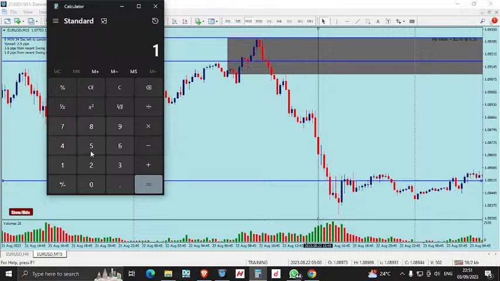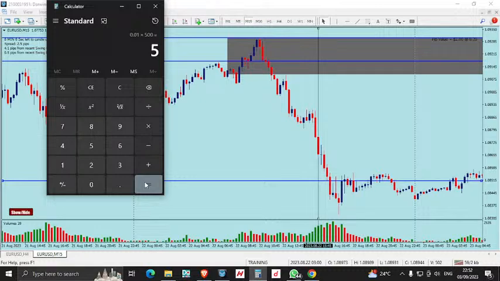1 divided by 100 times $500, for example, will give us 5. So in that case, you can risk 2%, which is $10.